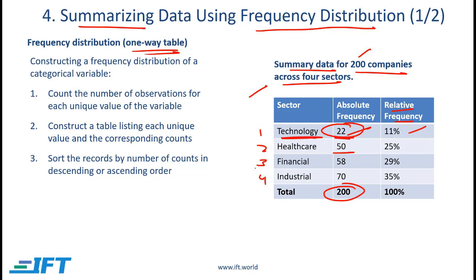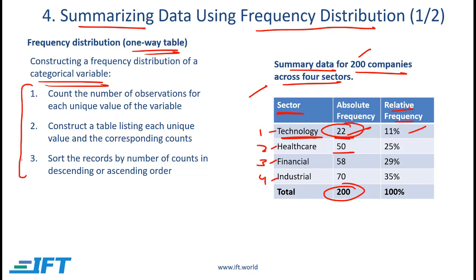This frequency distribution is based on a categorical variable. So our variable is the sector, and essentially each value here represents a category. So technology is a category, healthcare is a category, and so on. When we deal with a categorical variable, then the process of constructing a frequency distribution is very simple.